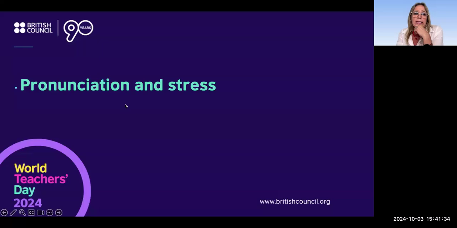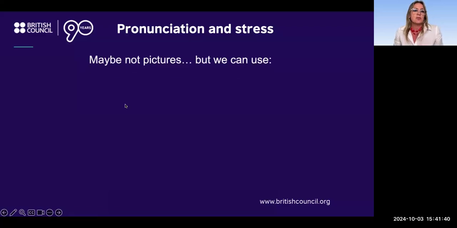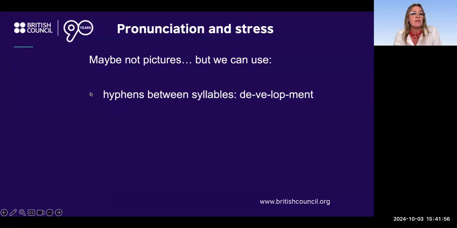And very quickly, pronunciation and stress. So maybe when we teach pronunciation or stress, we will not use pictures in the strictest sense. However, we may use other elements. For example, we can use hyphens between syllables to help pronunciation.